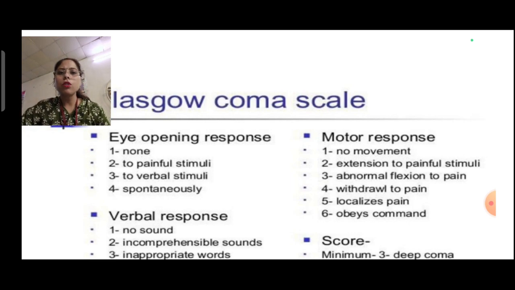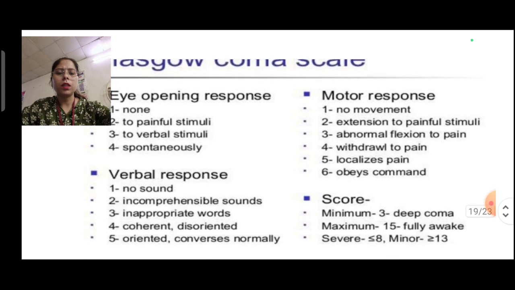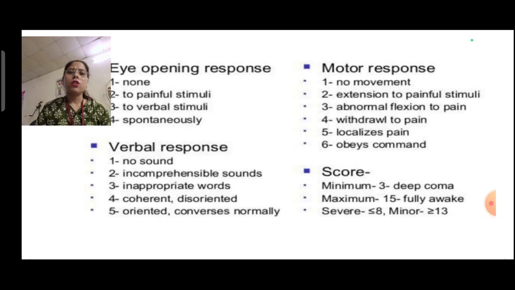If the patient responds spontaneously, very good, then we score him as 4, and if he responds only to verbal stimuli, then we score him as 3, and if he opens his eyes only to painful stimuli, we score him as 2, and if he does not respond to anything of them, we give him 1. So this is about the eye opening response, and then we go for the verbal response.